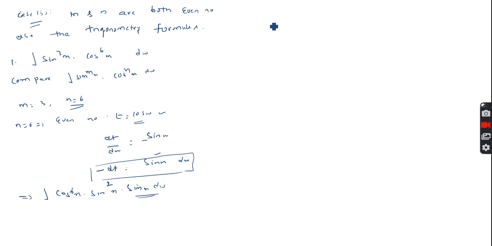Here we write cos power 6x into sin square x, which can be written as 1 minus cos square x, into sin x into dx. Sin x into dx can be written as minus dt, which we assume is equal to 2.